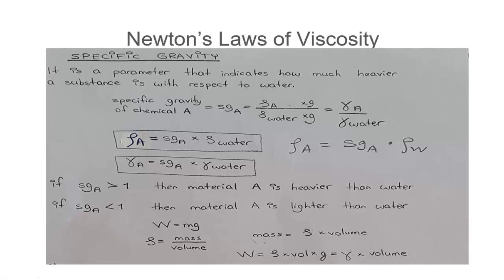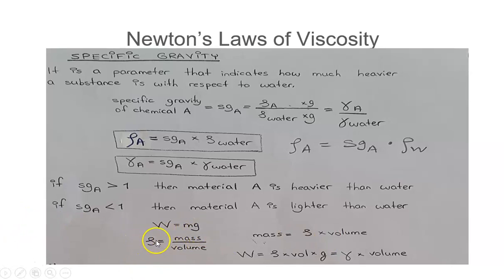In case you're working on a project or a question, and you have to compare the specific gravity of a material or chemical to that of water, if you find that the specific gravity of that substance is greater than 1, that translates to the material being heavier than water. And if it's less than 1, it simply means that water is heavier than that material, or that the material is lighter than water.